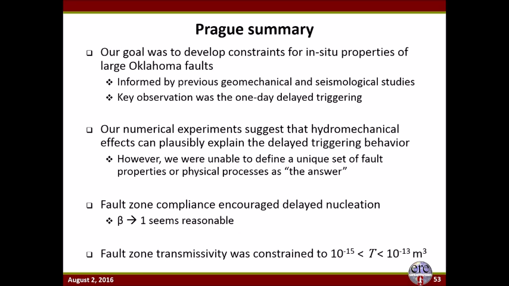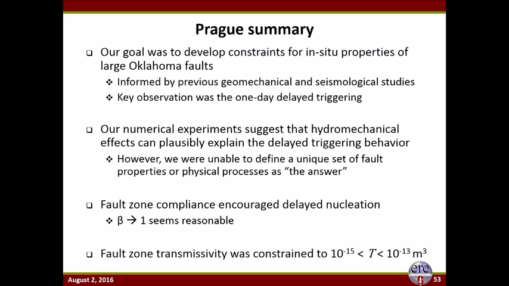So overall, our goal in this study was to develop constraints both on the types of behavior that can influence earthquake rupture in large basement faults, as well as to arrive at some idea about what the actual values of the hydraulic properties may be. The study was informed by a lot of prior work that had been done at the site, which was really important. Our results suggested that hydromechanical effects could, in fact, explain the 20-hour delay.